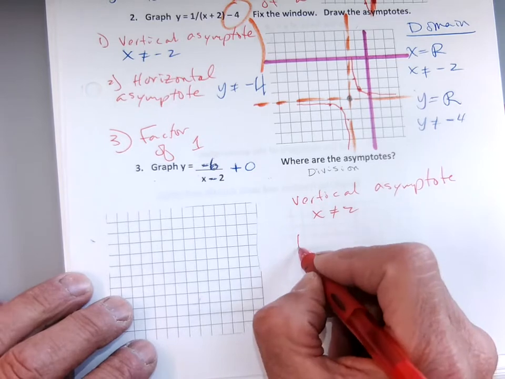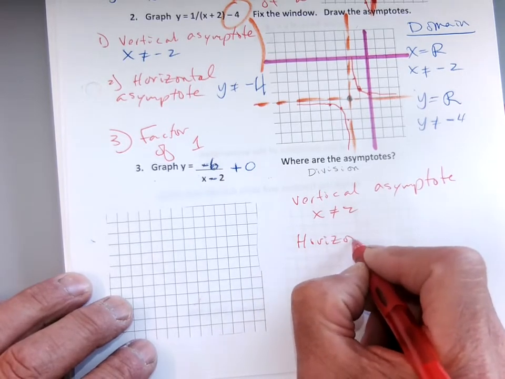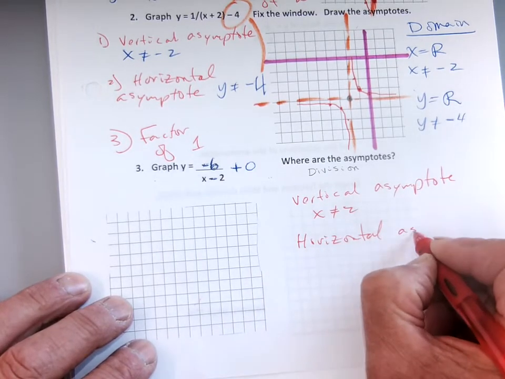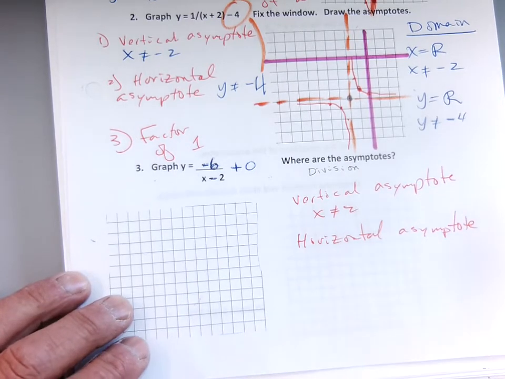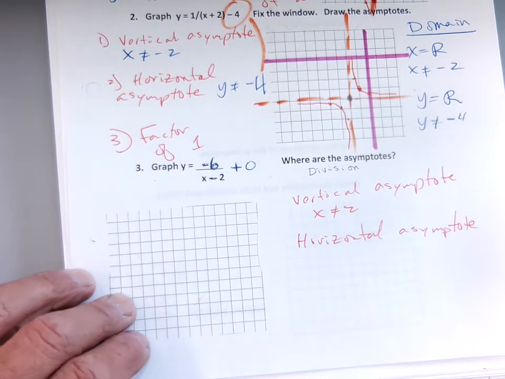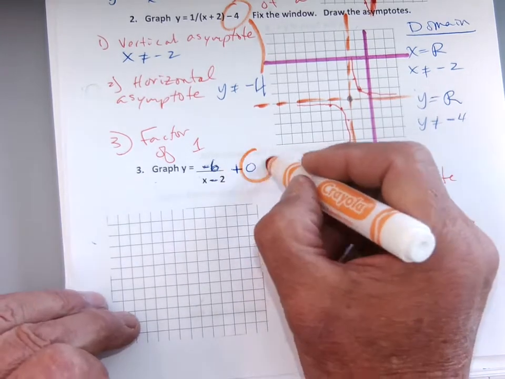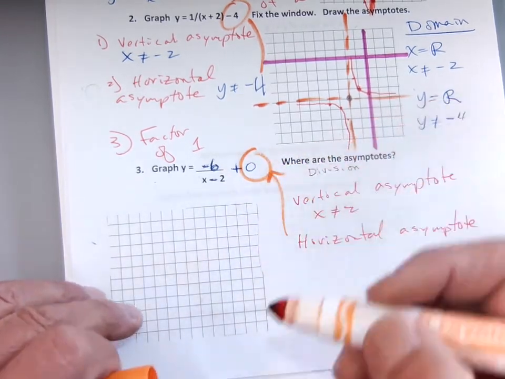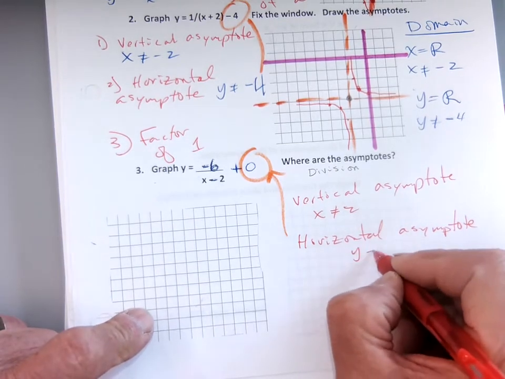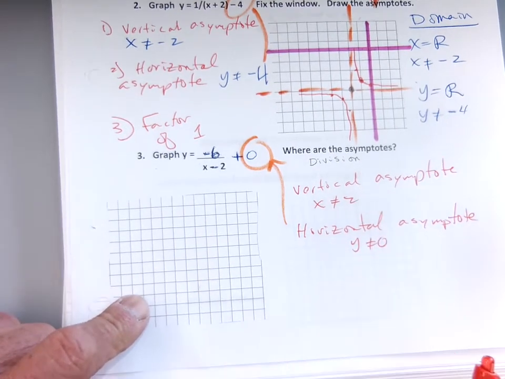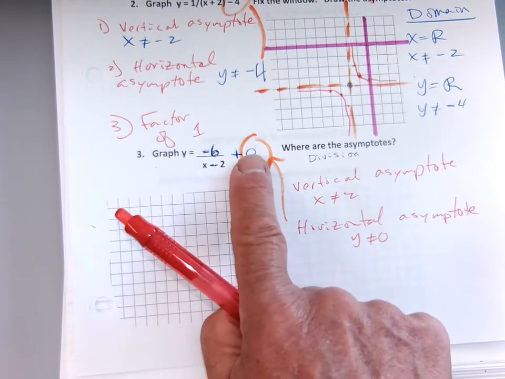My horizontal asymptote is what? Yes. It's at y equals 0, or y cannot equal 0. That's why I put the invisible 0 there, right?